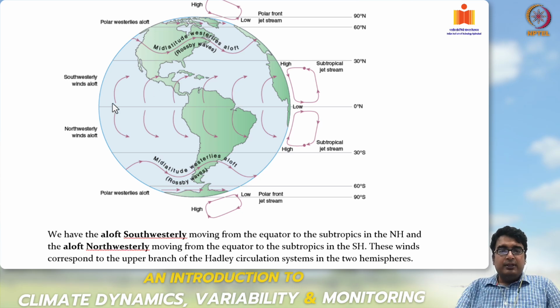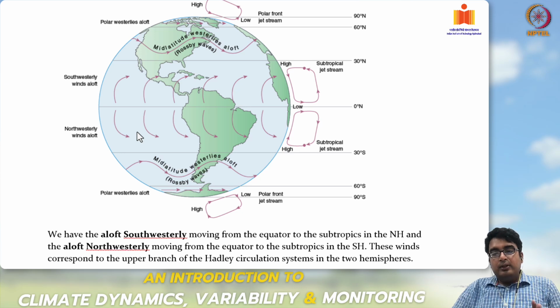So you have the southwesterly aloft winds because the wind is coming from the southwest and going towards the northeast. Similarly, in the southern hemisphere, we have the northwesterly aloft winds between the equator and the subtropical high pressure zone.